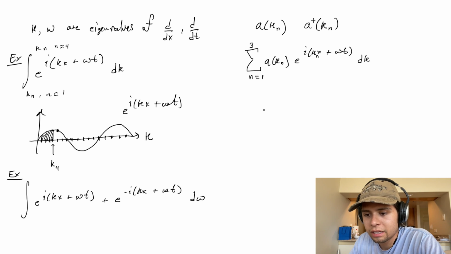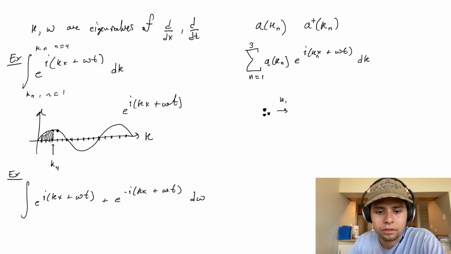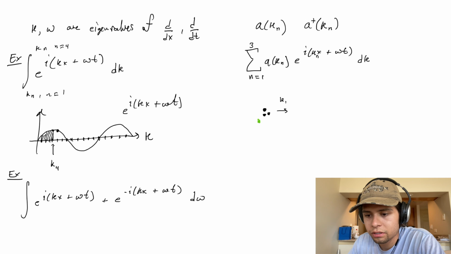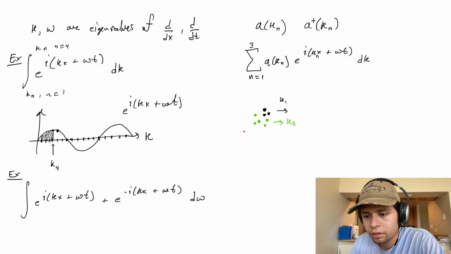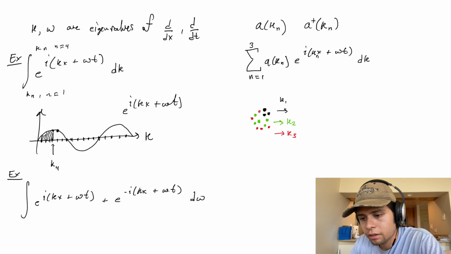So say these black particles here have momentum values of k1, and they're moving like that, and then we have, say, some particles here, the green ones, moving at some momentum of k2, and then say we have some particles here moving at some momentum k3, and say we have a lot of red ones.